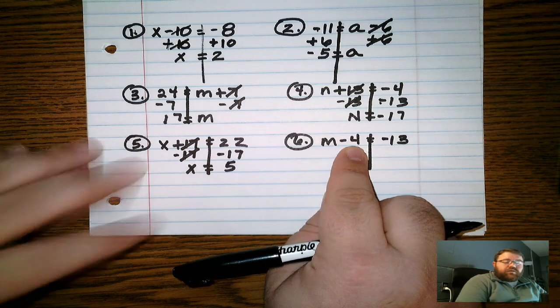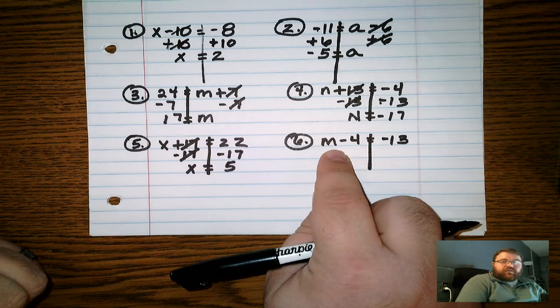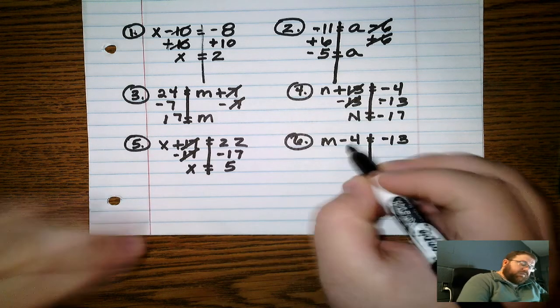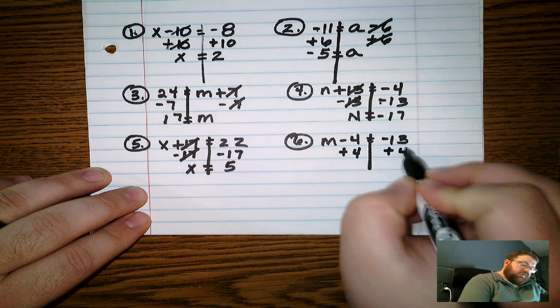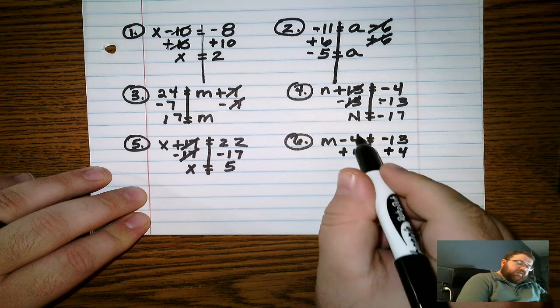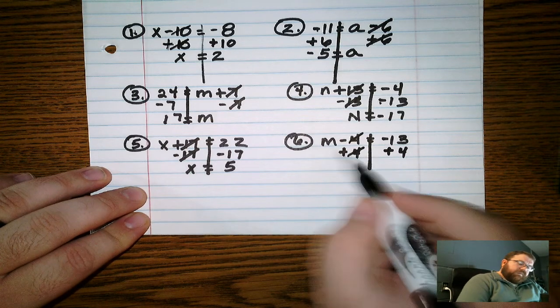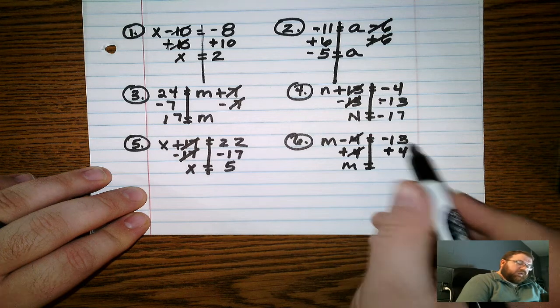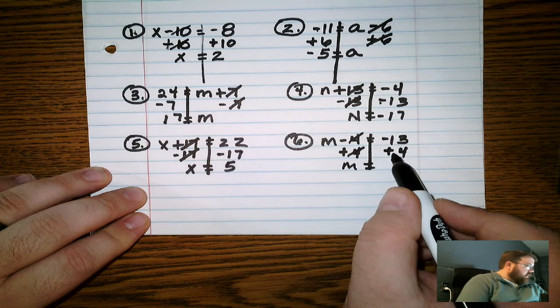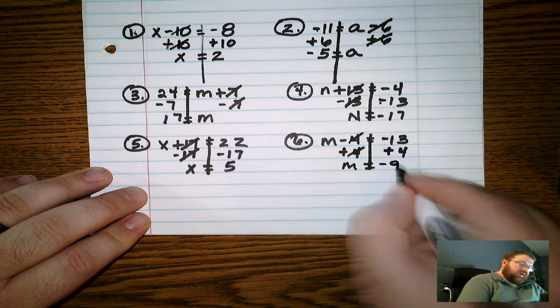Remember, your goal is to get the variable by itself. So I'm going to add 4 to both sides. The 4's cancel. m is equal to negative 13 plus 4 is negative 9.